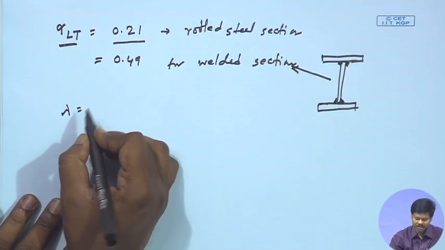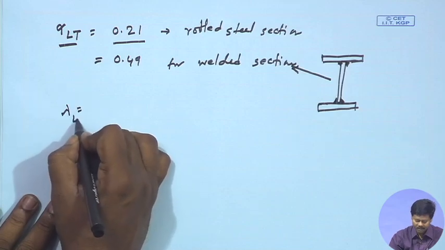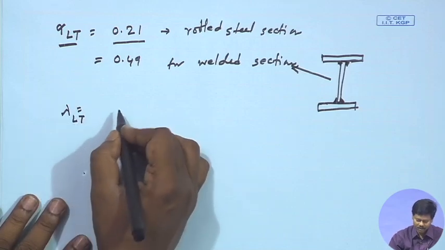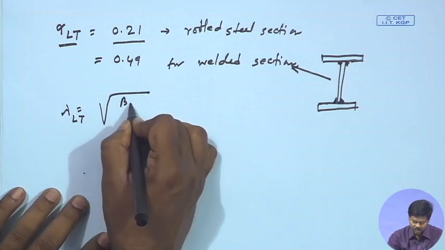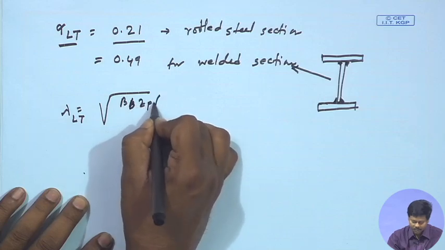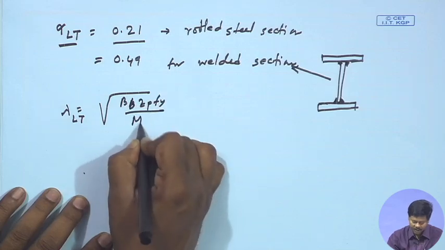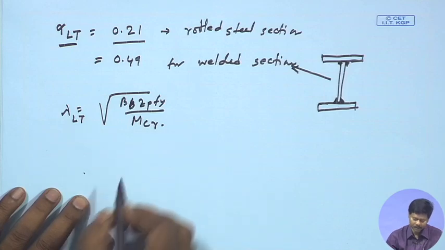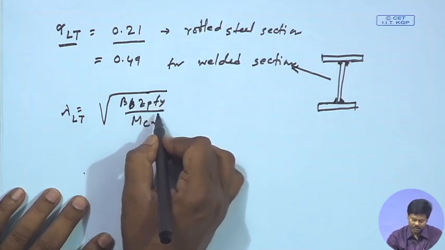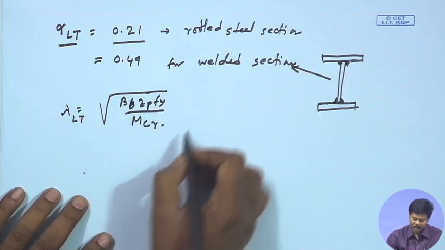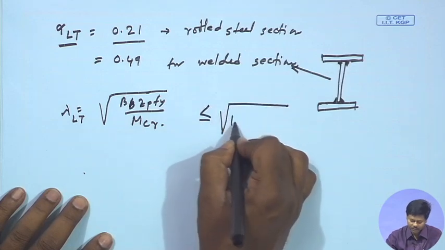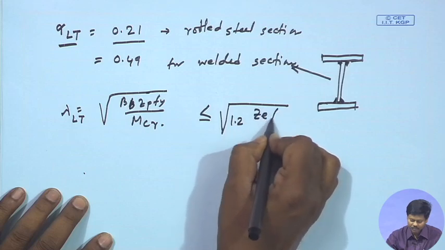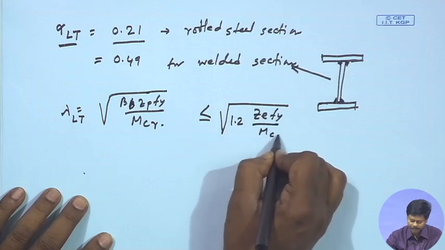So, this can be calculated from this, that is root over beta B ZP Fy by MCR, right, and it has to be less than or equal to, in any case, root over 1.2 ZE Fy by MCR, right.